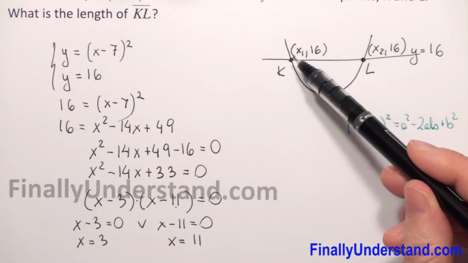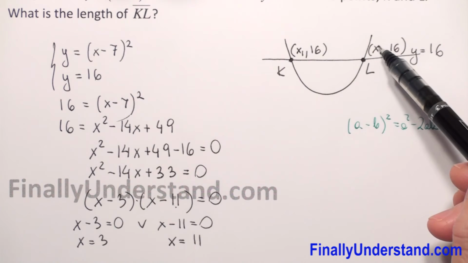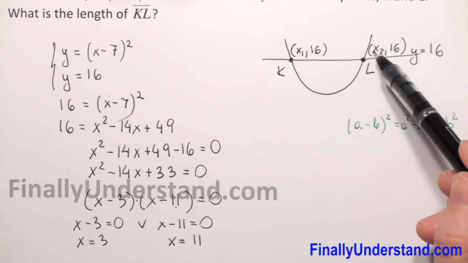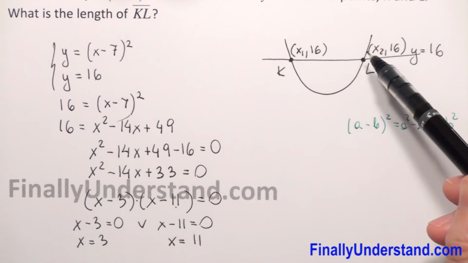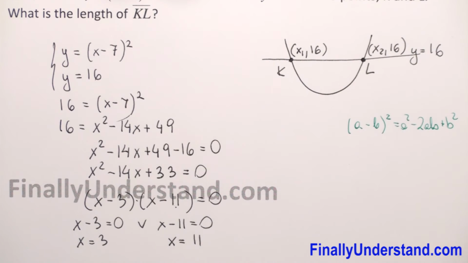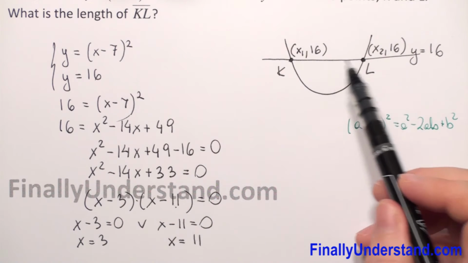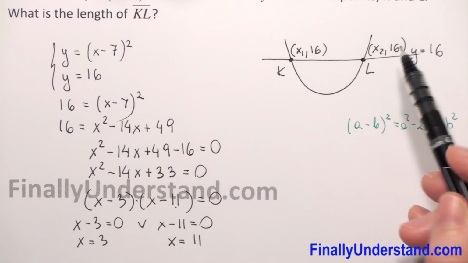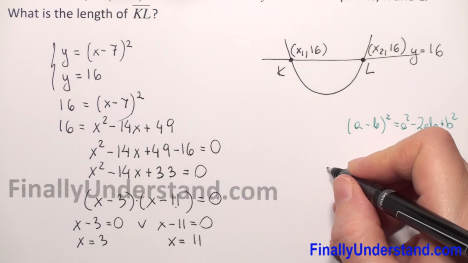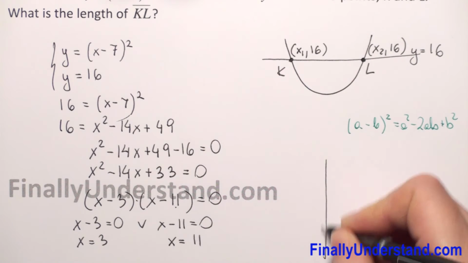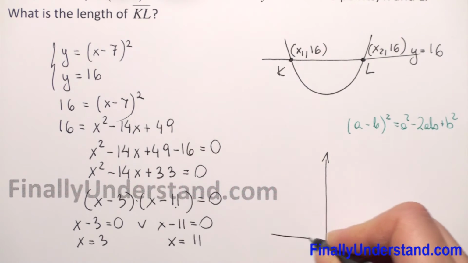So we have the first coordinates of our points K and L. If you don't see now that the second coordinate is 16, maybe let me draw the XY plane.